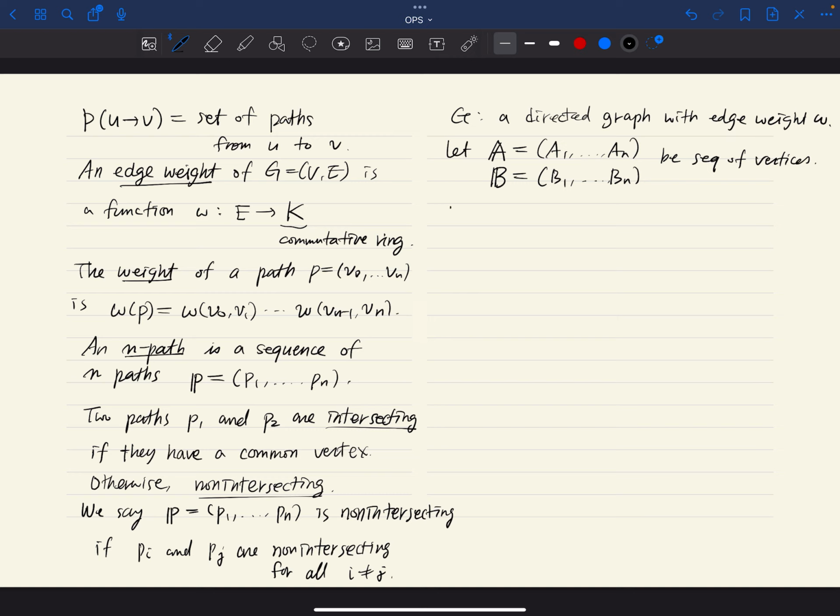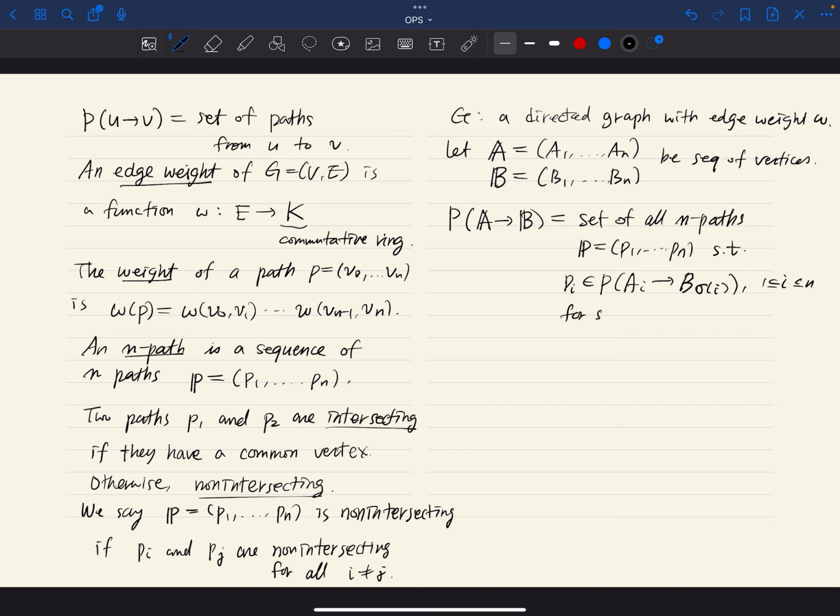And P of boldface A to boldface B is the set of all n-paths P1 through Pn such that Pi is a path from Ai to, not necessarily Bi, but B sigma(i), for all i and for some permutation sigma.